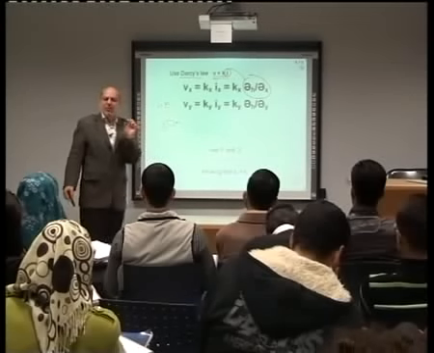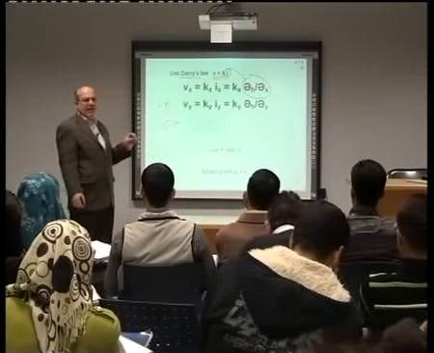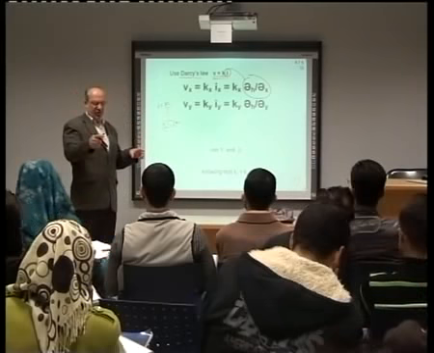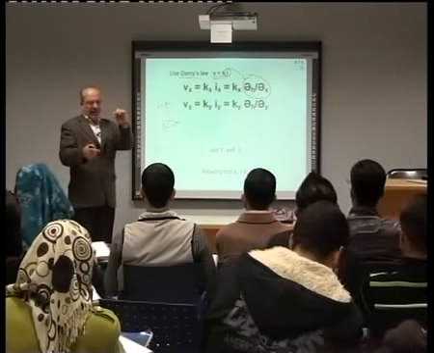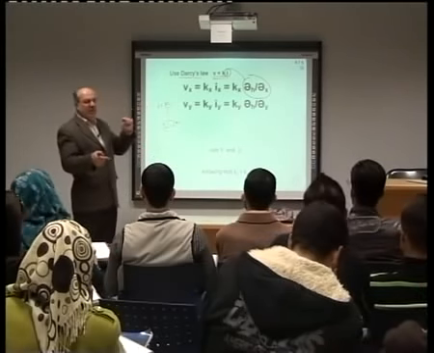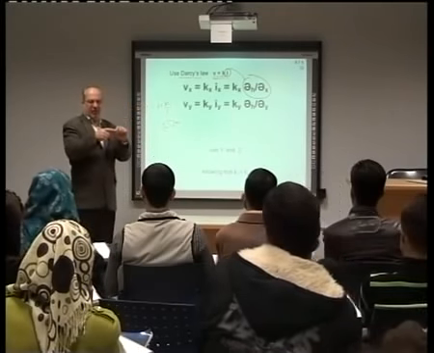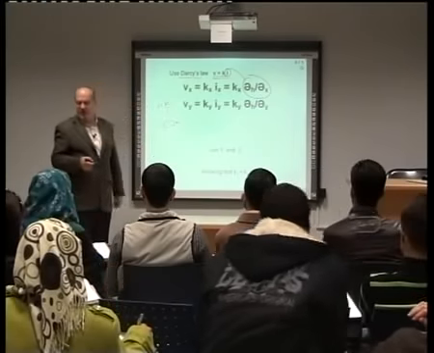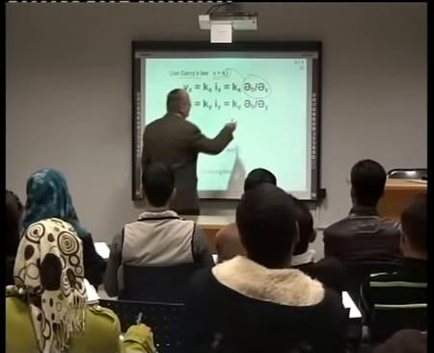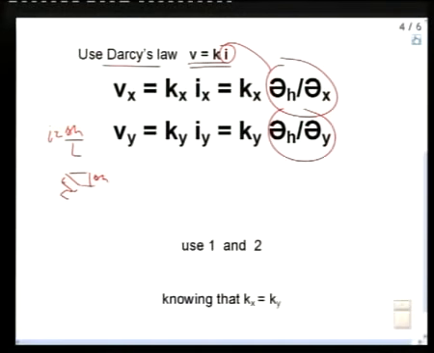Because it's a very small element, instead of delta H, the change in level, by L, I put the partial dh by dx, and the same thing, dh by dy. This is equation 2.